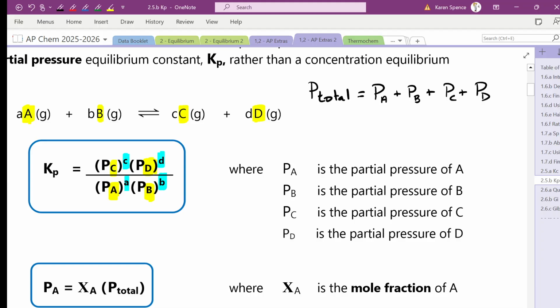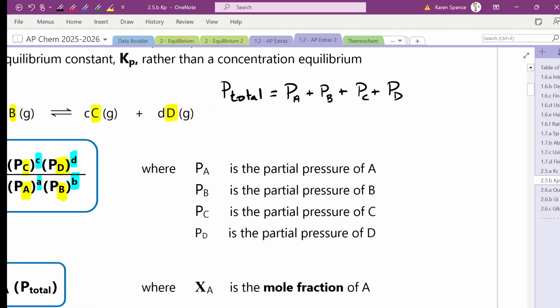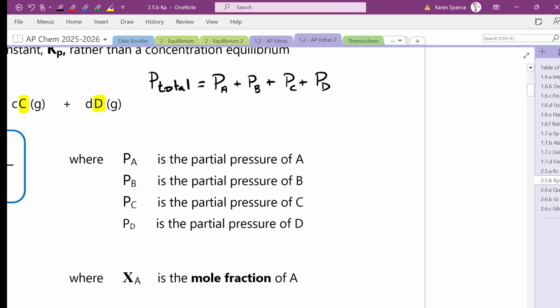How many of you remember the word mole fraction? Anybody? Okay. Let's say that we had 10 moles of A. And say we had 50 moles of gas in total.